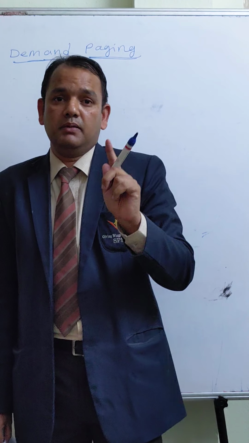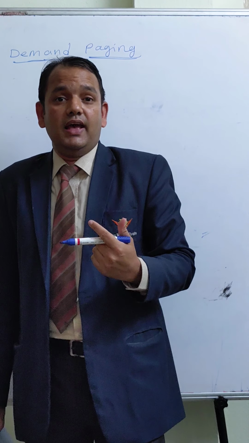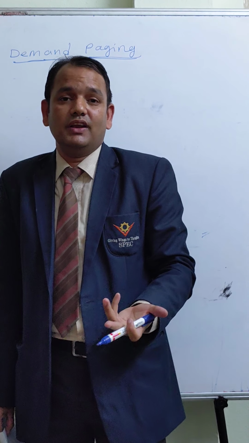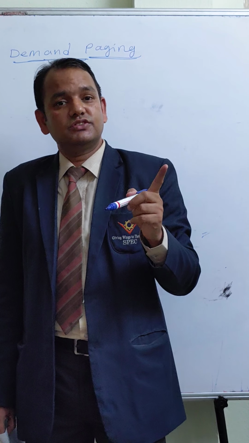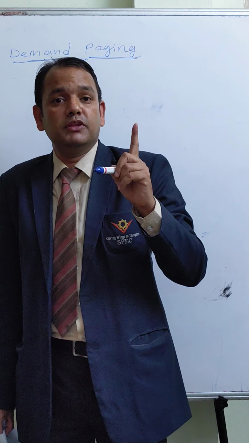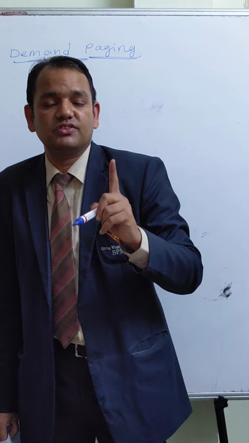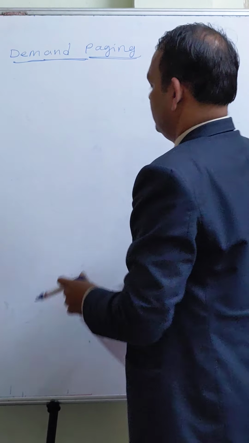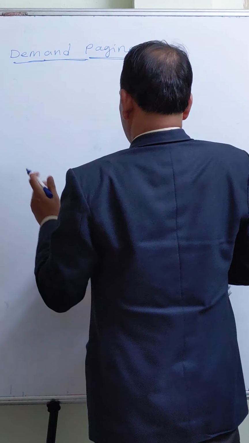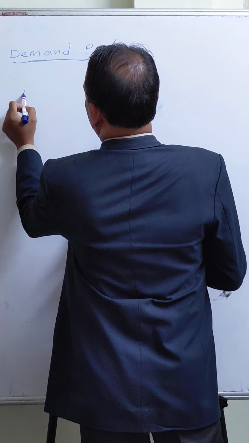In some cases like memory access, when a page fault occurs, that particular instruction has to be executed from the beginning onwards. We'll see that example, the worst case: a 3 address instruction.